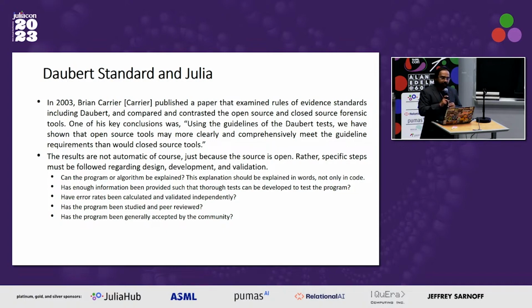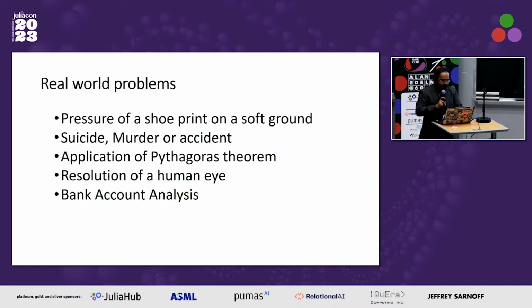Then, have the error rates been calculated and validated independently? Has the program been studied and peer reviewed? Has the program been generally accepted by the community? So Julia satisfies these illustrative factors. So it can be used for forensic purposes.